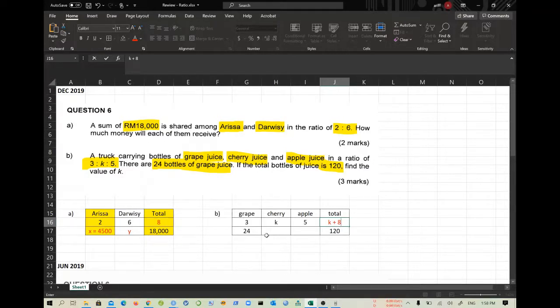And then other than that, you have 24, and then this one you have apple is 5, and so on, right? Okay, so how do you find the value of k over here? In order to find the value of k, same as before, you need to find a column that can give you the exact values.